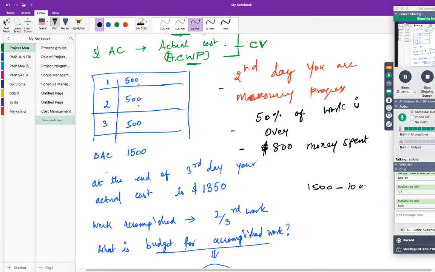Earned value is the value of the work performed, correct? So you got 500. So 500 is the remaining work.